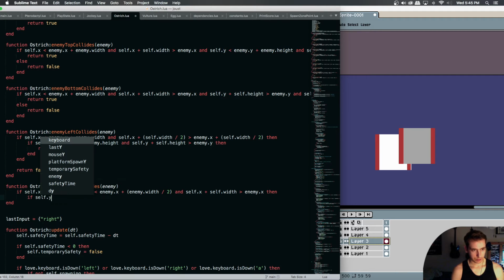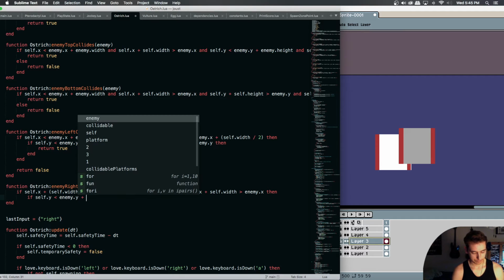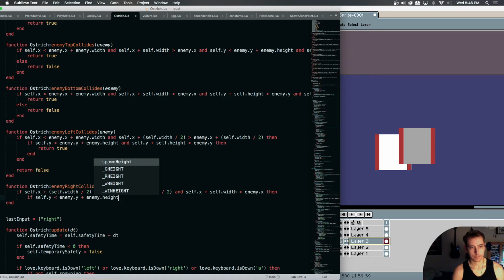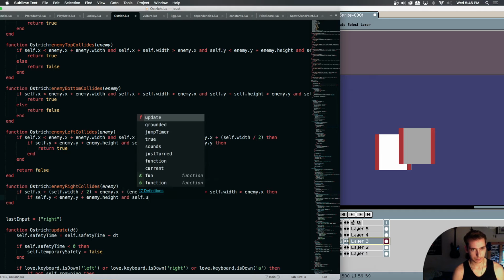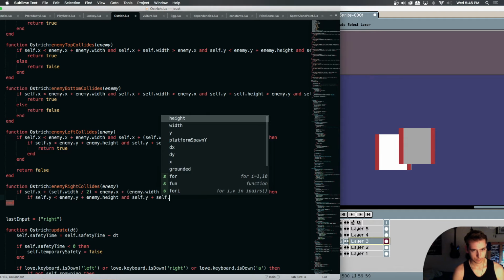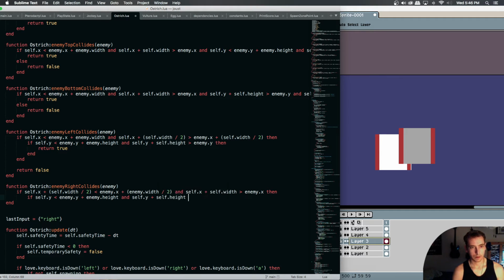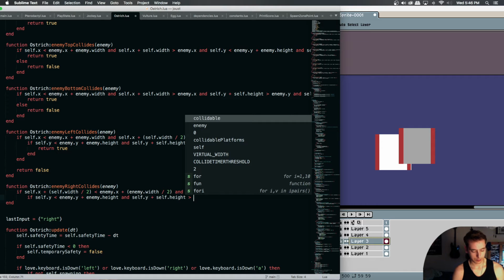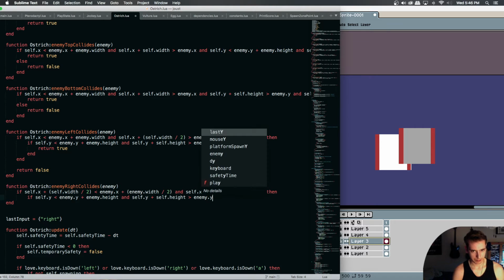Then we make sure that the top of us is smaller than the bottom of the enemy, and the bottom of us would need to be greater than the top of our enemy.